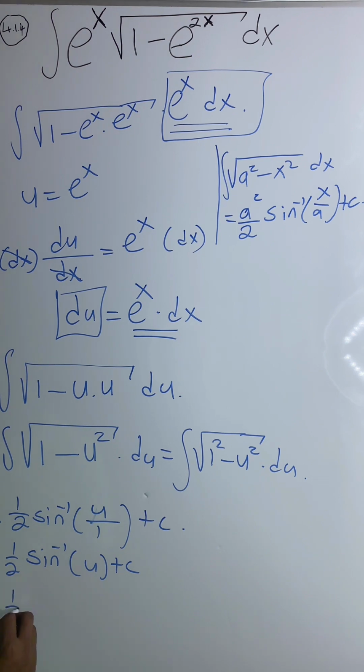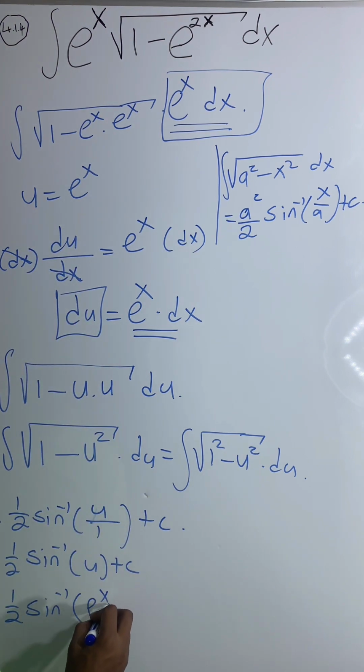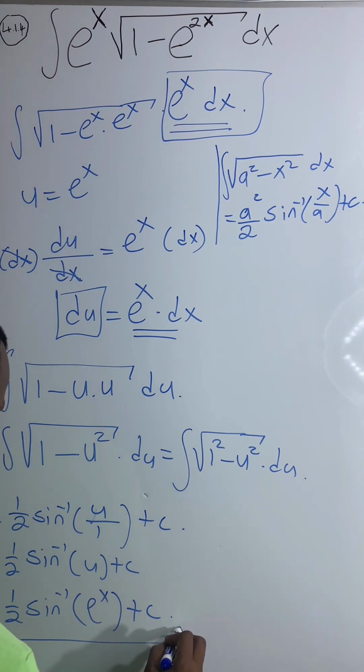Our integral is not in the form of u, it's in the form of x. So let's substitute e to the power x in the place of u, and this becomes our final answer.